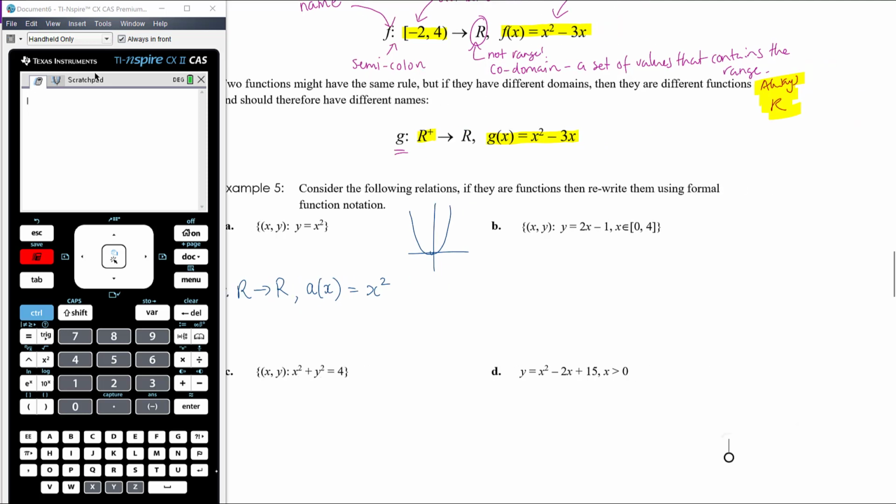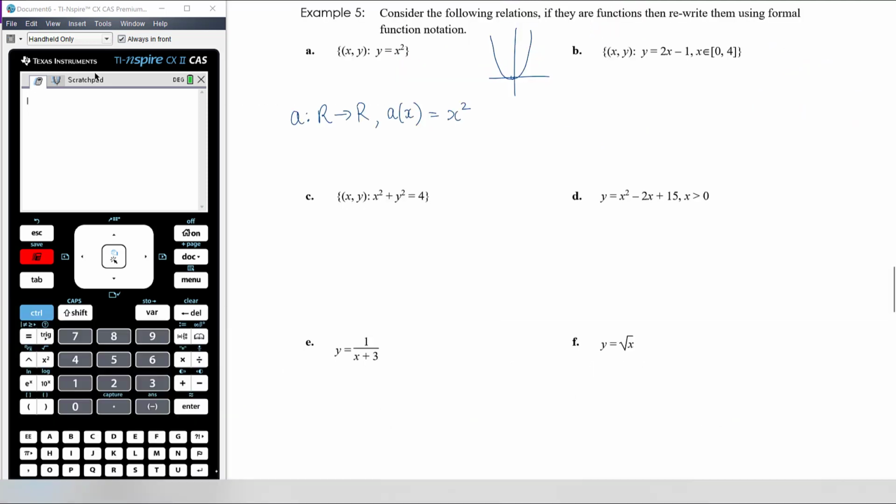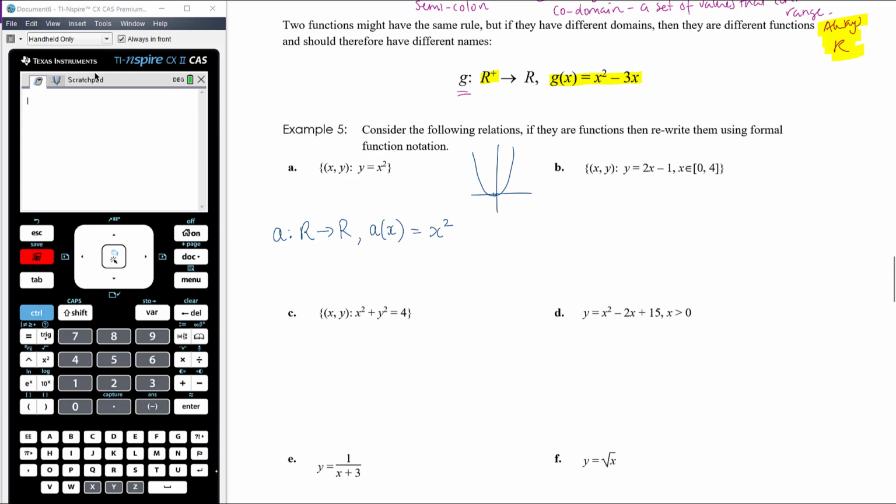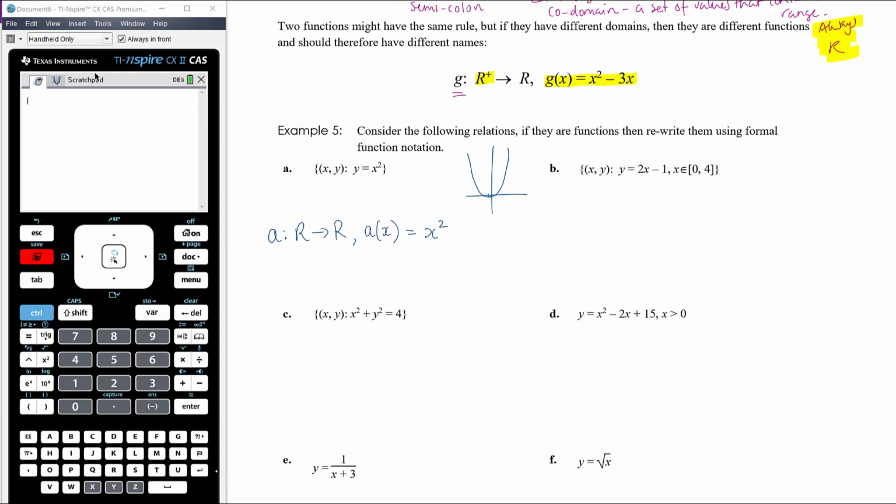Okay, part B. So this time we have a set of coordinates, such that y is equal to 2x minus 1. So that's a linear function, but we only want that where x is from 0 to 4. So 2x minus 1, something like this, but we're only looking at that from 0 up to 4. So from x equals 0 to x equals 4.